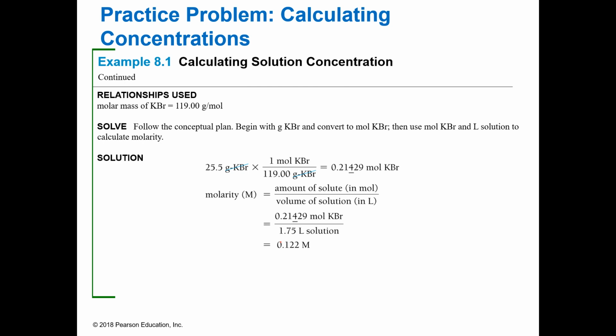I'm given the liters, so I'll take that 0.214 moles and divide it by the liters, and this would be our molarity. Now, when we solve for molarity, we will put our solute after the M. So it's 0.122 molar potassium bromide. And what that means is for every 1 liter of solution, we have 0.122 moles.